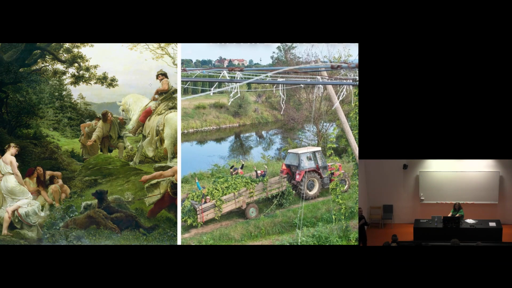Some of the old legends of our Czech nation are connected with Postoloprty, because of one love story from the 10th century between a village girl and Duke Oldřich. It took place directly in Postoloprty next to the river. And on the right side you see the hops harvest. So it's very actual, and it's going on over the centuries.